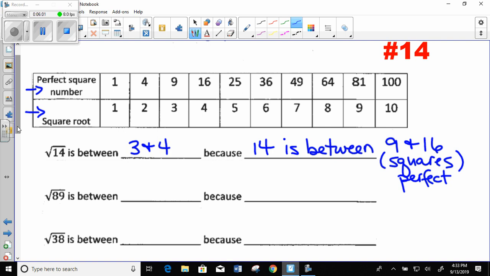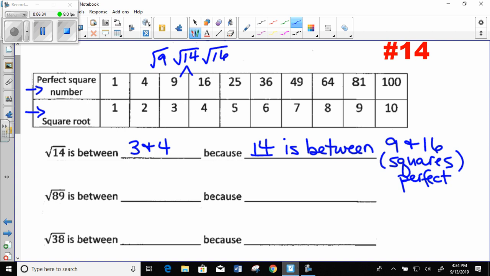So you have a 14, which falls in the middle of those two, right in between 9 and 16. So it would be here, right? So the square root of 14 would be somewhere in between here, because the square root of 9 would be here and the square root of 16 would be here. So which whole numbers does it fall between? It falls between 3 and 4.